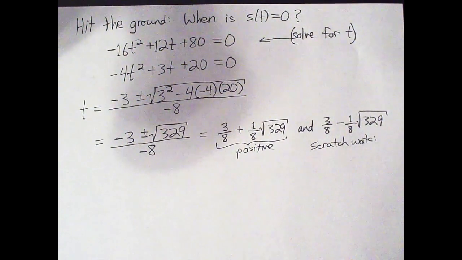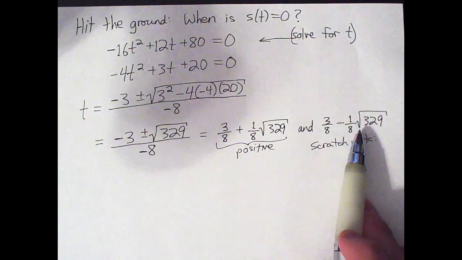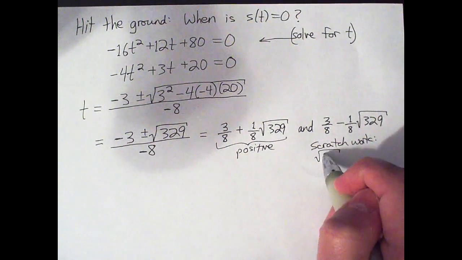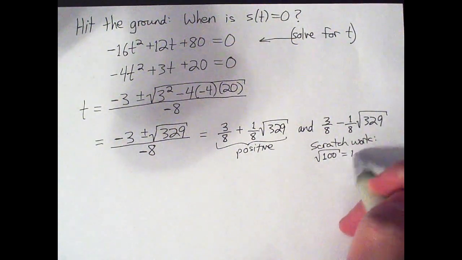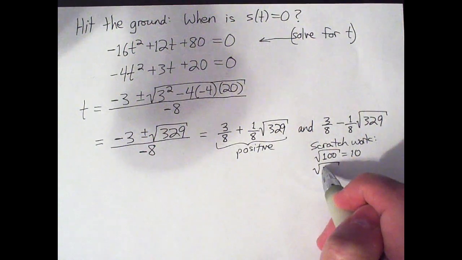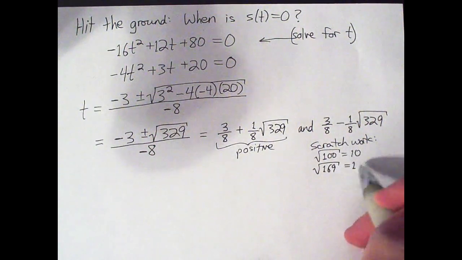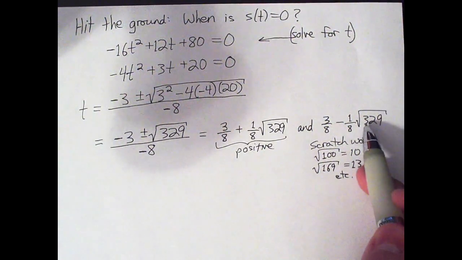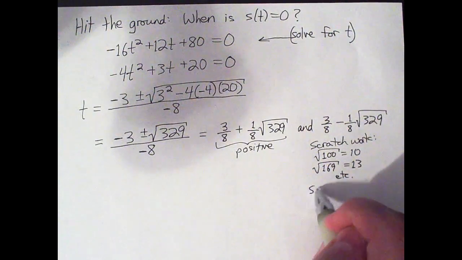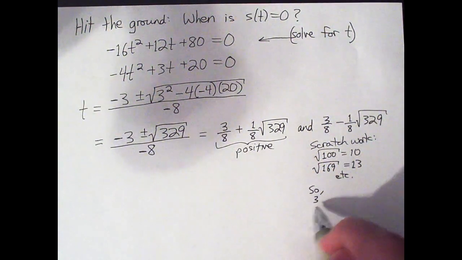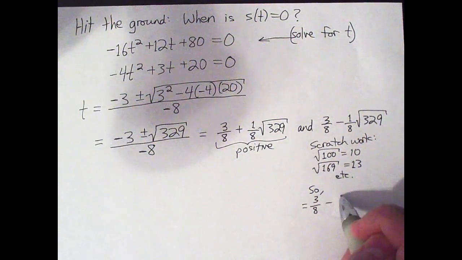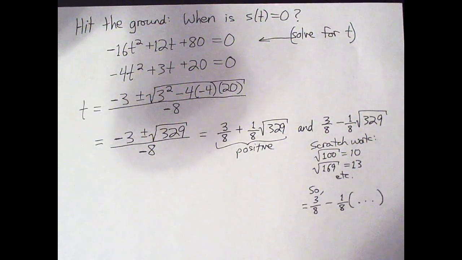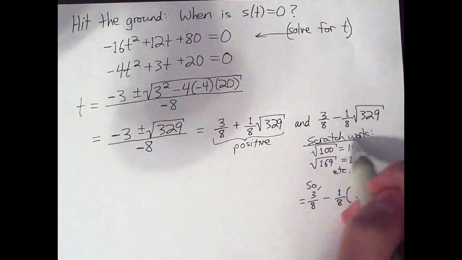So maybe we say, I know the square root of 400. You could use some square roots, maybe like the square root of 169 is 13, etc. So what's going to wind up happening here is this equals 3/8 minus 1/8 times, this is scratch work, so it's okay if I'm being messy with it.